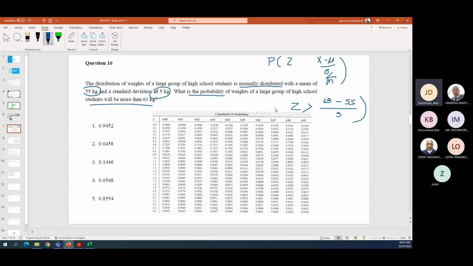What they've done in this one is, even though you'll see now suddenly there's no n, this is nearly, if you look at this, it takes us back to study unit 6. They don't say in here anything about a sample.